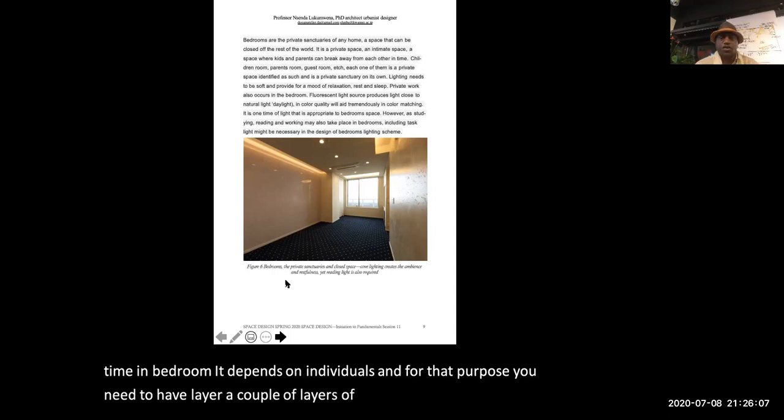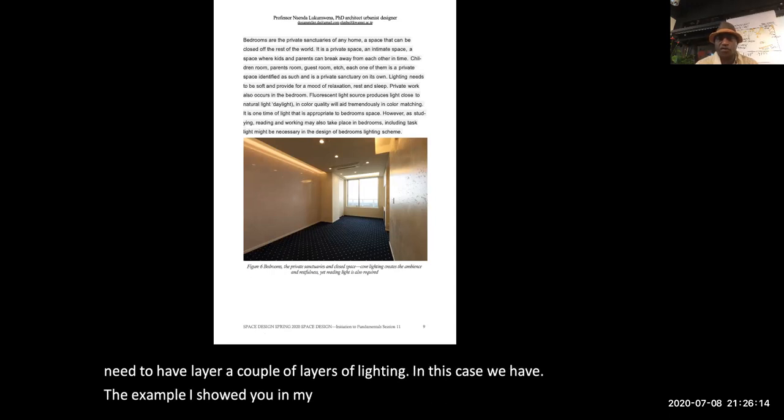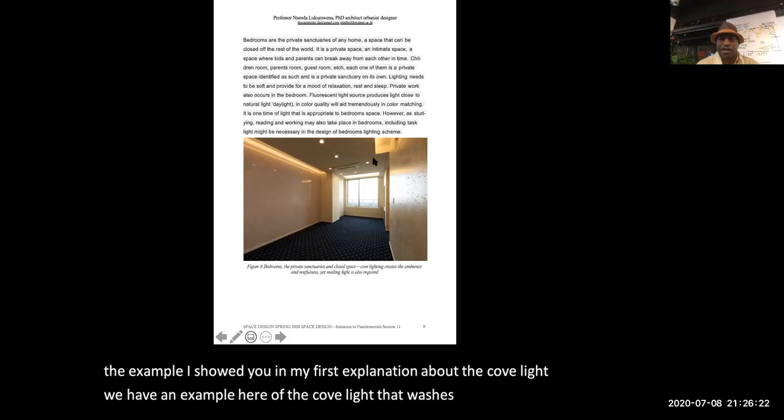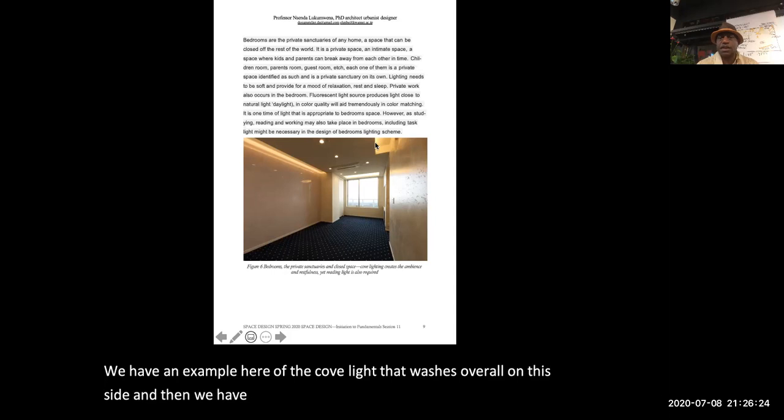In this case, we have the example I showed you in my first explanation about the cove light. We have a cove light that washes the wall on this side, and then a much bigger cove light, which also washes the wall, and that lighting returns back down.